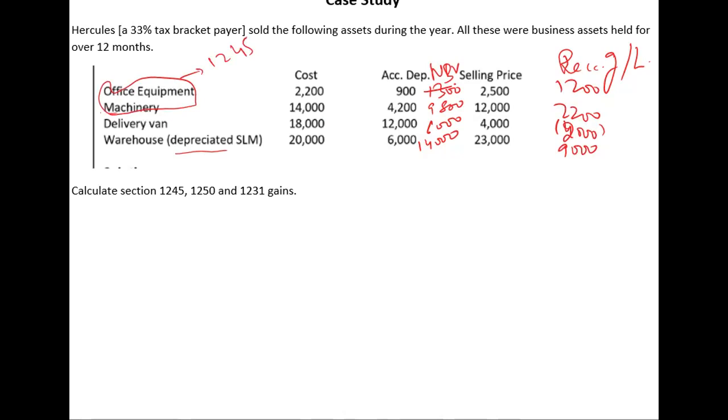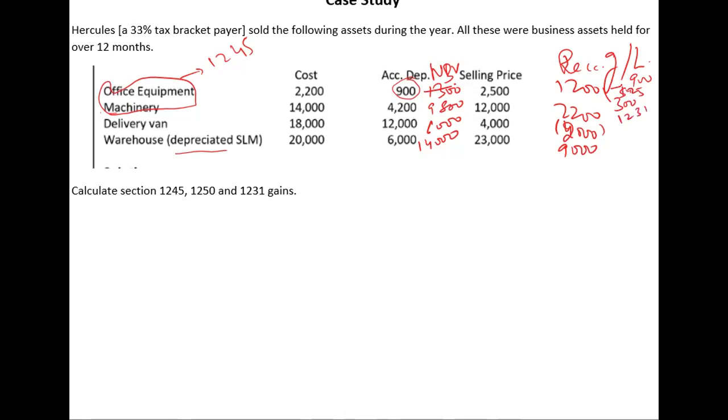In this, the depreciation part of the gain, that is $900, will be considered as section 1245 gain, and the remaining will be 1231 gain.